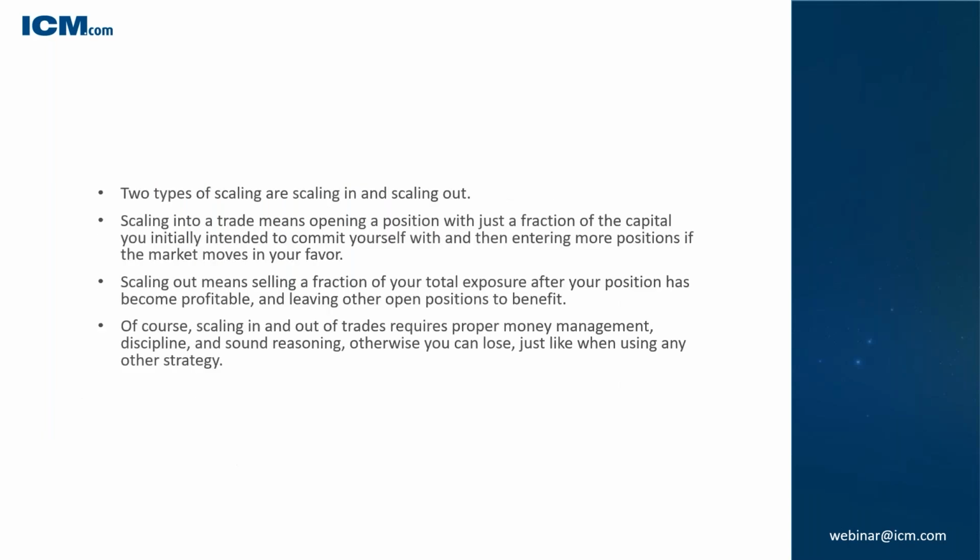In scaling, there are two types: scaling in and scaling out. What is scaling in, how is it going to help you, and what is scaling out? These two are popular risk management systems that help you when the market is in one trend.